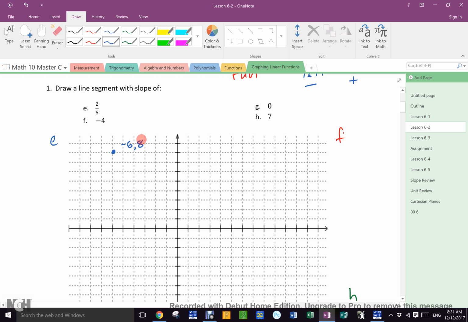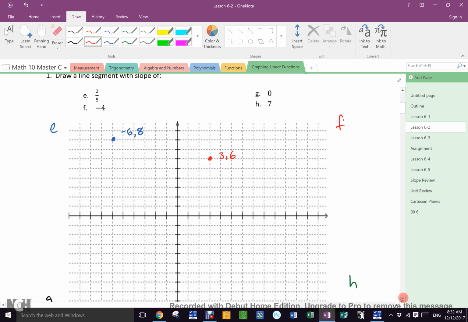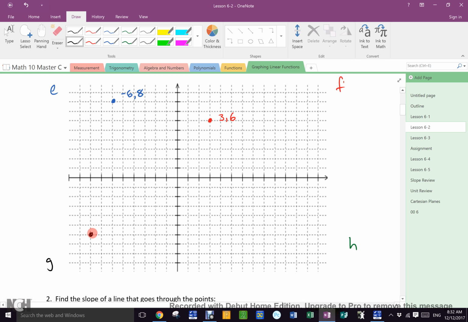Do that 3 more times anywhere in the quadrant. Does everyone have 4 labeled dots?